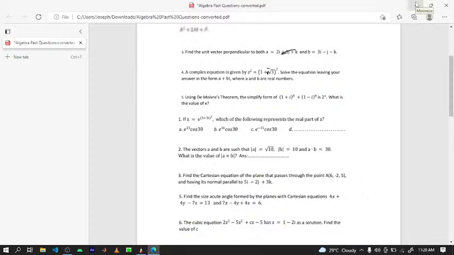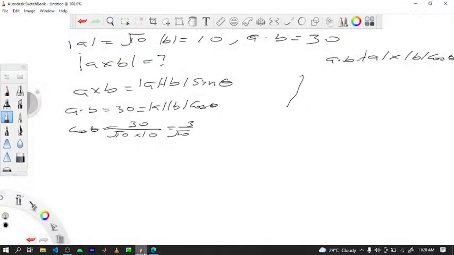Okay, so let's continue. Now, with this, if you want to find sine theta, you can just use a calculator to find the theta, then find sine of it. We have cos theta here as what? 3 over root 10. So theta is what? Cos inverse of 3 over root 10.